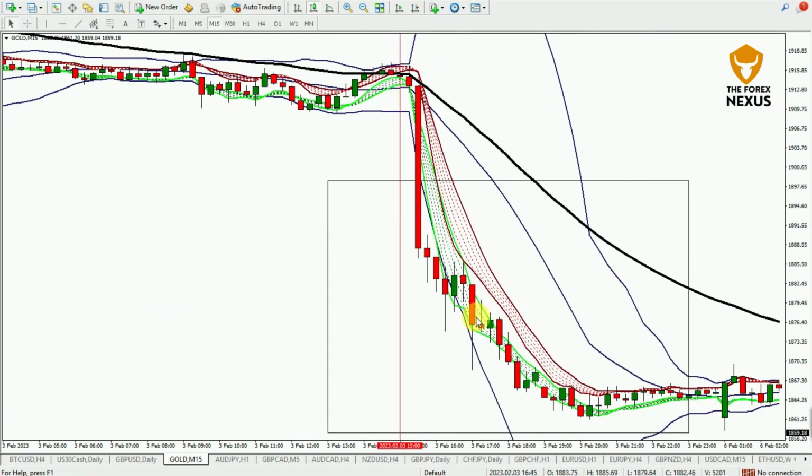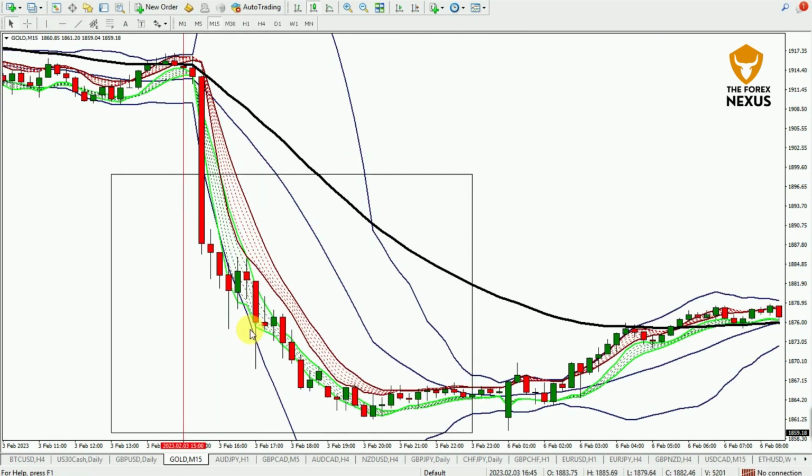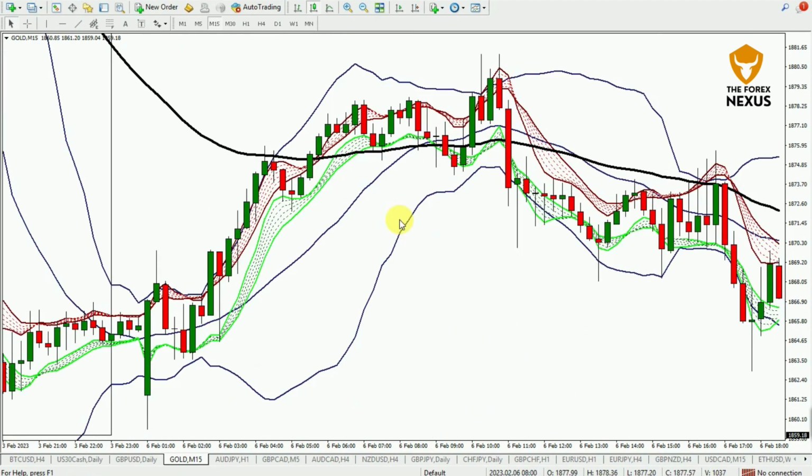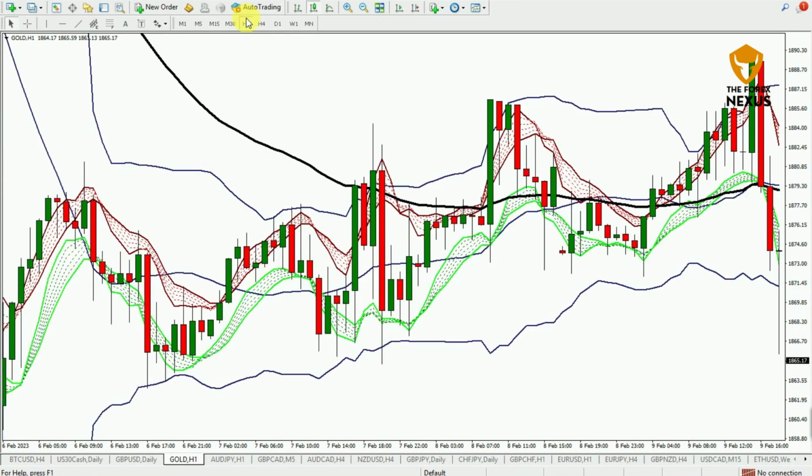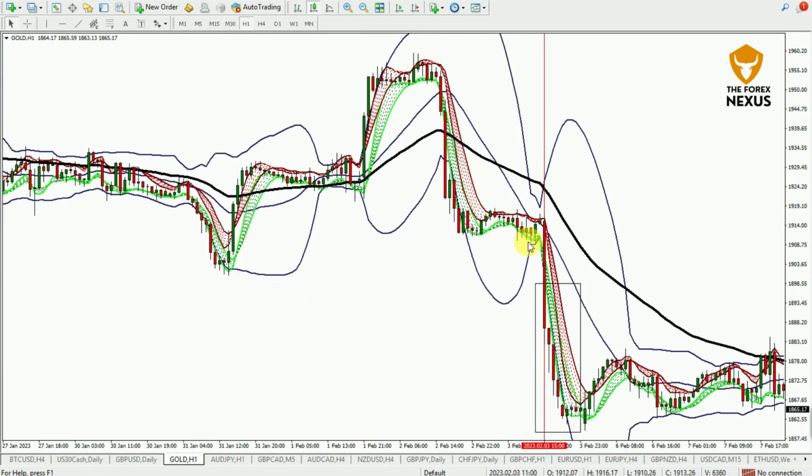If at this time frame, on M15, we got, like here, the Bollinger Band squeezing, it means that the market is coming for re-entry on the higher time frame, which we marked on H1 time frame, like here you can see.